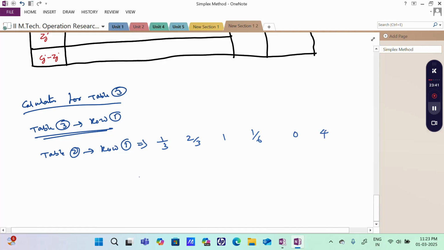Now our main intention is to convert this place to 0.